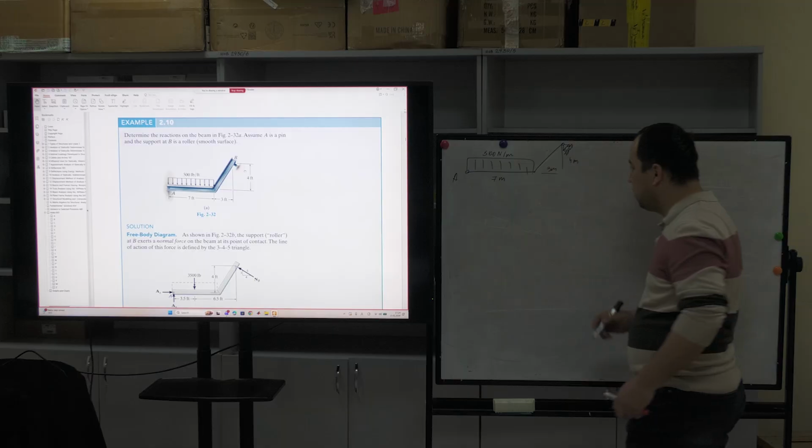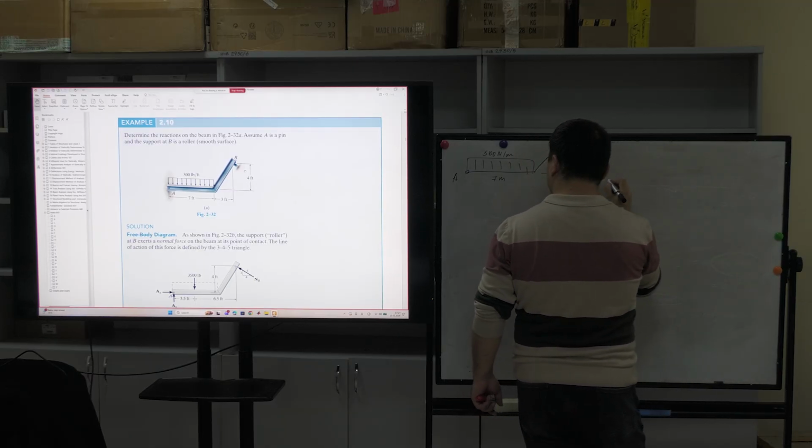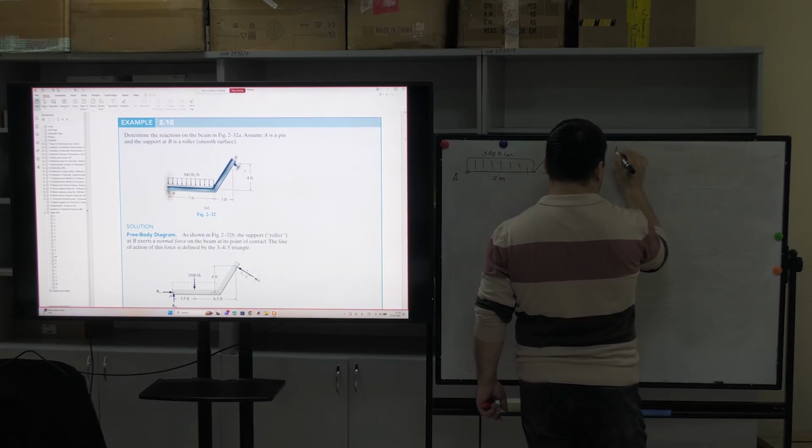Okay, good. So let me draw the free body diagram. The force acting here is actually 3.5 kilonewtons, yes? Let's write it.